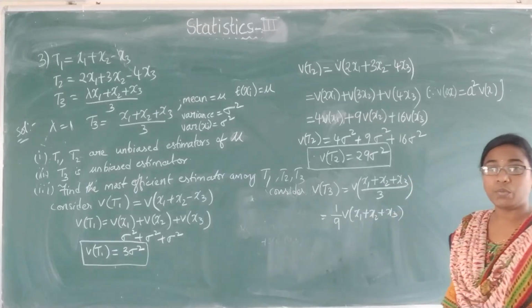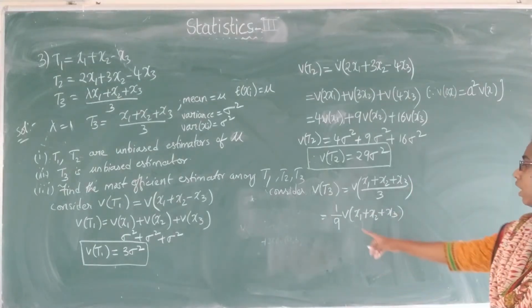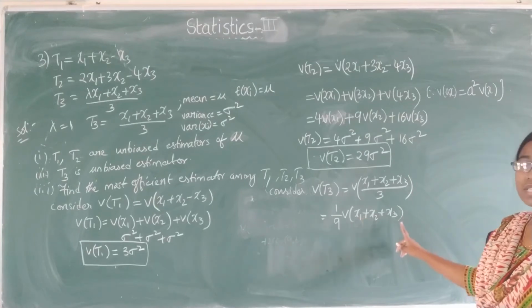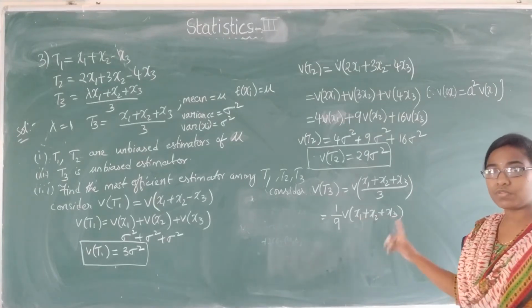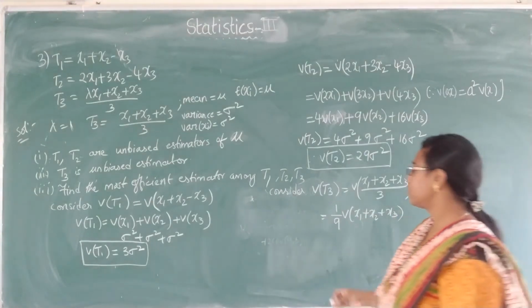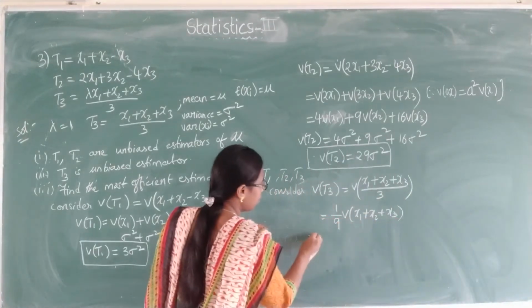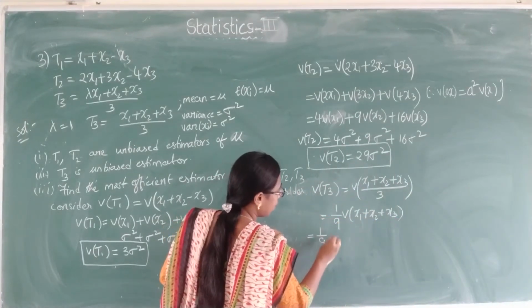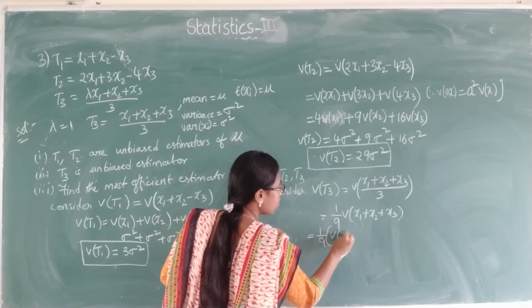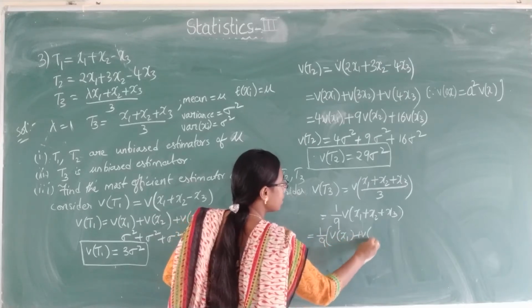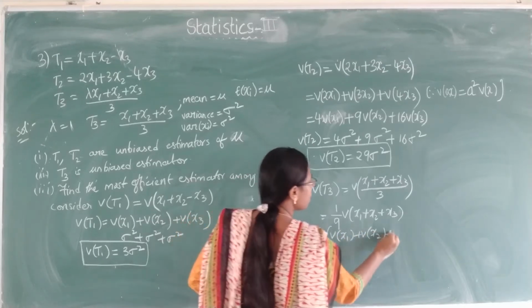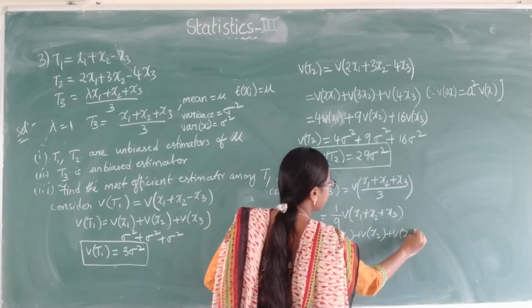Now apply the variance for each term separately. So variance of a plus b plus c can be written as variance of a plus variance of b plus variance of c. So this equals 1 by 9 into variance of x1 plus variance of x2 plus variance of x3.